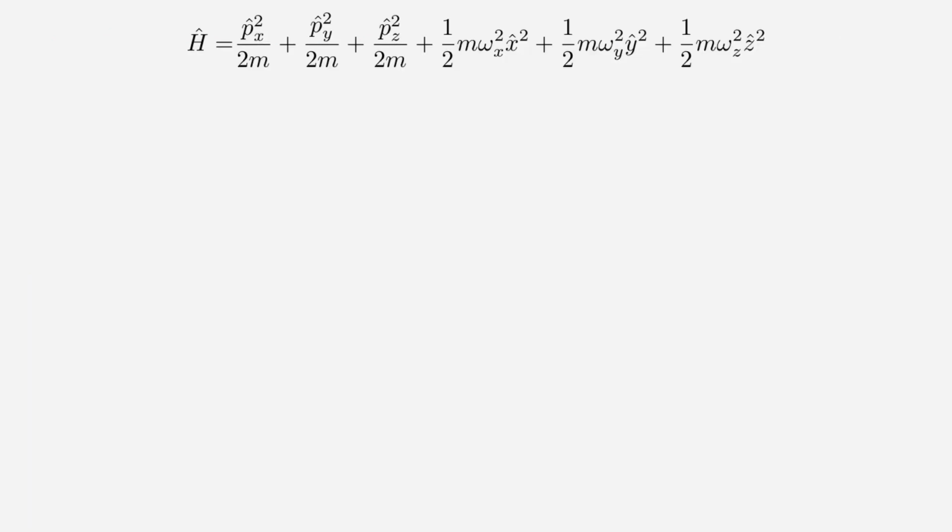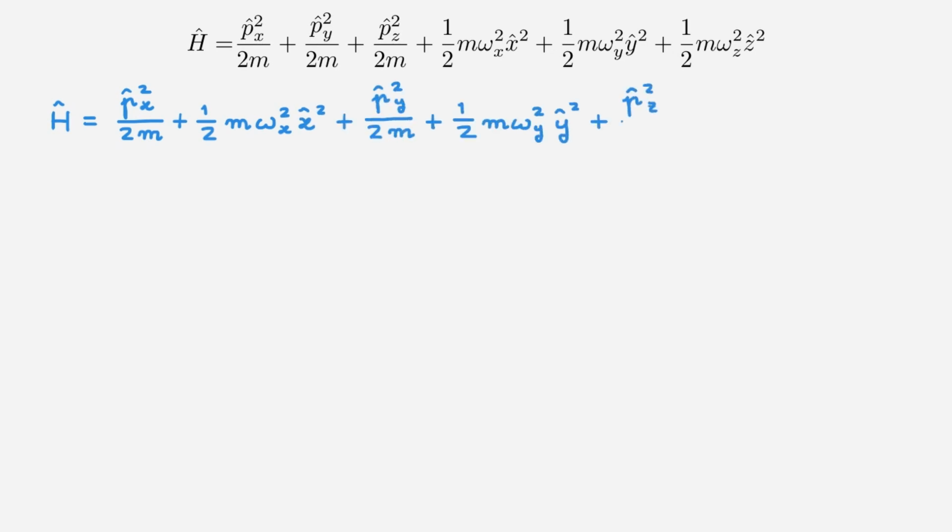Now, before we properly launch into the isotropic case, let's briefly recall the general eigenvalue equation of the three-dimensional quantum harmonic oscillator. Using the simplified notation for the Hamiltonian, we can regroup the x-dependent terms, the y-dependent terms, and the z-dependent terms.